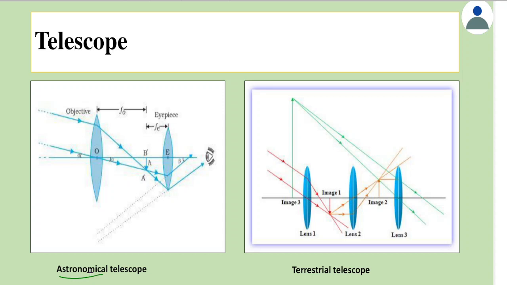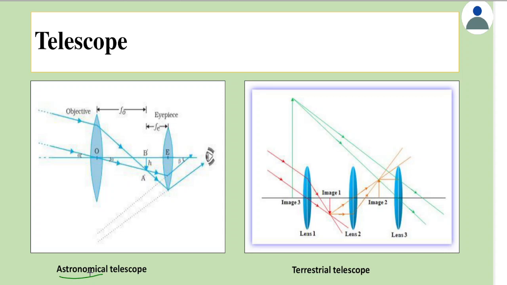Now this won't be useful if we look at objects which are on the Earth's surface, like a building or a tree. Imagine a building being inverted, or imagine a tree being inverted. In such cases, we need to invert the image obtained so that we get an erect image.